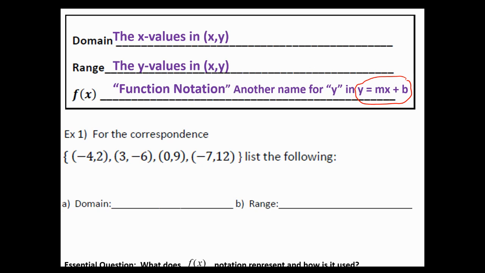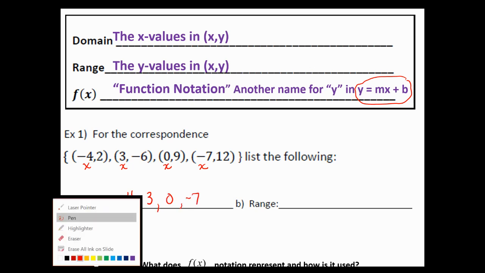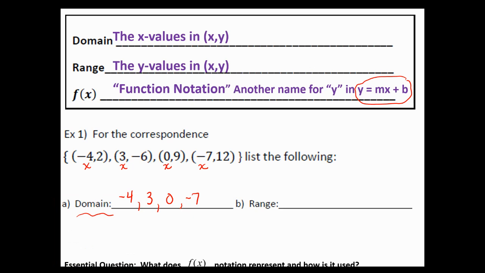Okay, so here's example 1. Here's just a bunch of points, and they want us to list out what the domain is. So that's just all the x values. So we would just list -4, 3, 0, and -7. That's all you have to do because you have to register that the domain is the x values.